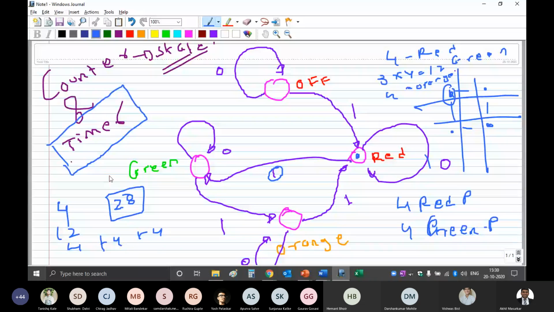So if you want to design a 28 state counter, that is a mod 28 counter, then you have to select those many number of flip-flops which can count 28 states. So I think 5 flip-flops can count 32 states. So 28 would come. So with the help of just 5 flip-flops, you can design a traffic light signal control for a road which is having this pattern. So this is something that I wanted you to know.